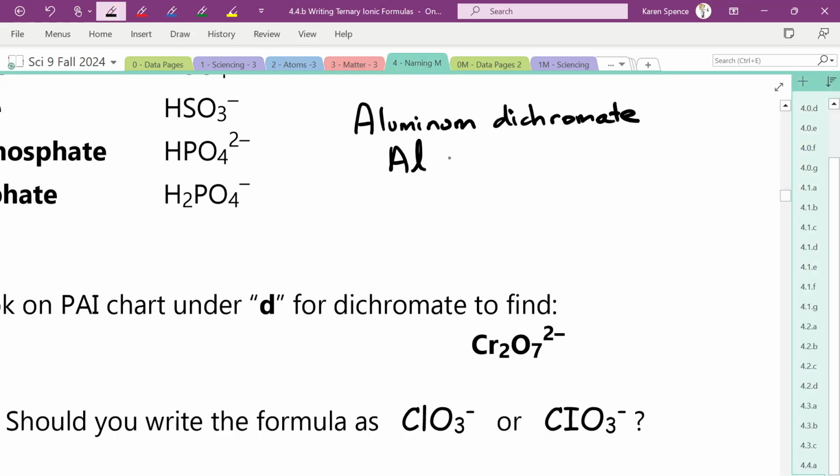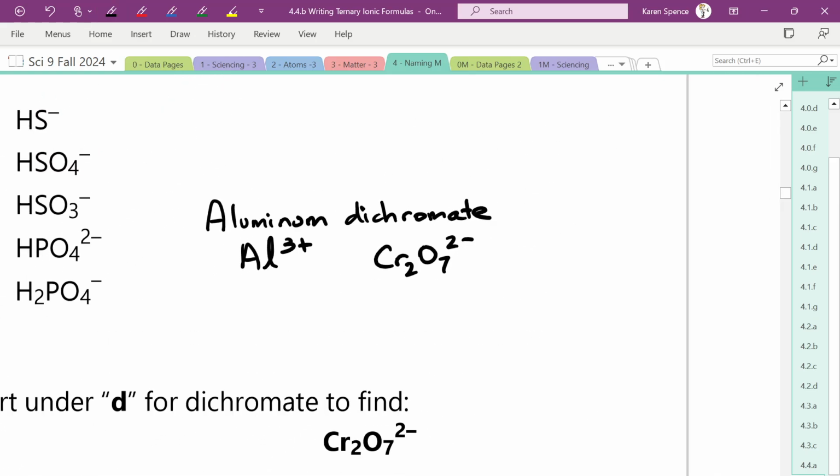So aluminum is 3 plus. Dichromate, we go look it up on our polyatomic ion table. It is Cr2O7, 2 minus. What do we have to do with our charges? Balance our charges. And I have a 3 and a 2. What is the lowest common multiple? Is 6.